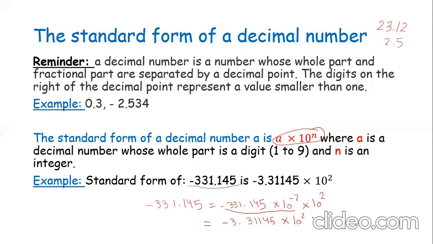So here we are now already in the standard form, that is a multiplied by 10 to the power of n, where a is a decimal number whose whole part is a digit between 1 and 9, which is 3, the whole part, and n is an integer, which is here 2. So this is the standard form.